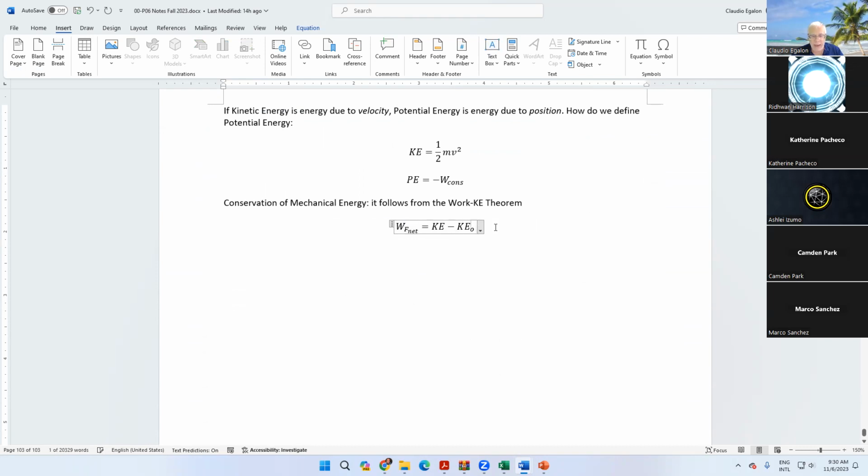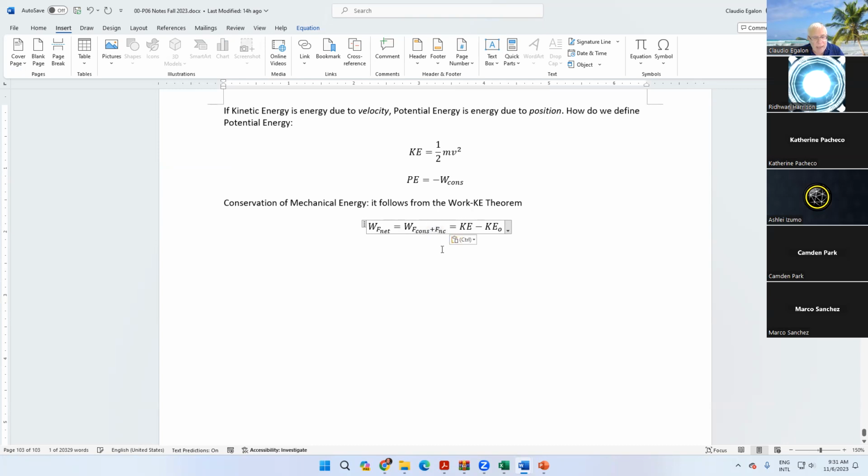I'm going to delete this here. But we can also write the work of the net force as being equal to the work of a conservative force plus the work of a non-conservative force. Okay, work of the net force is going to be the work of a conservative force plus the work of a non-conservative force.